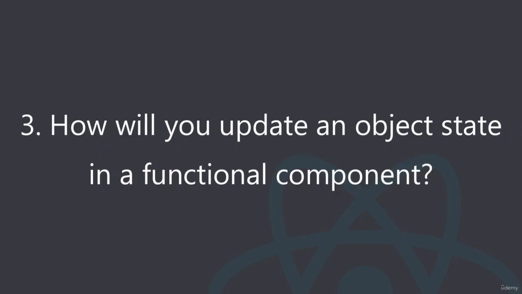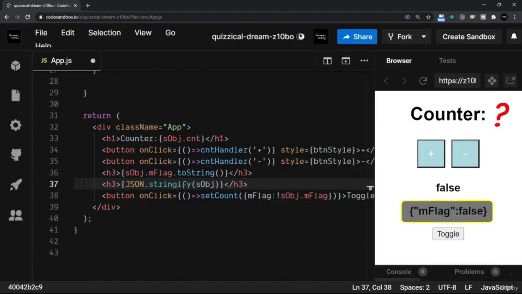The third question is, how will you update an object state in a functional component? As I have already displayed in a small exercise here, when we were trying to change only mFlag, it was giving the problem with the counter, and if we tried to change the counter, it gave us the problem with the flag. The reason is the object contains these two, that is the counter and the flag.